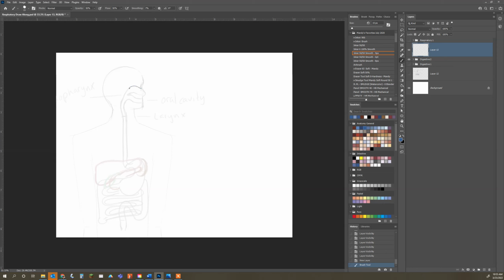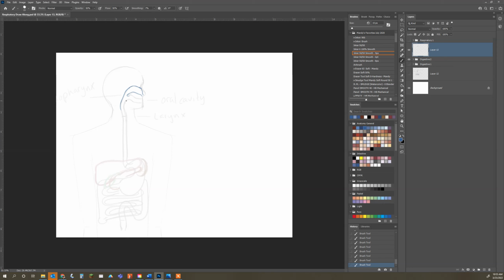The nasal cavity is this area, coming off of your nose, down into the nostrils. So here's our nasal cavity. It becomes this area in the throat called the nasopharynx, which we talked about a little during the digestive system.